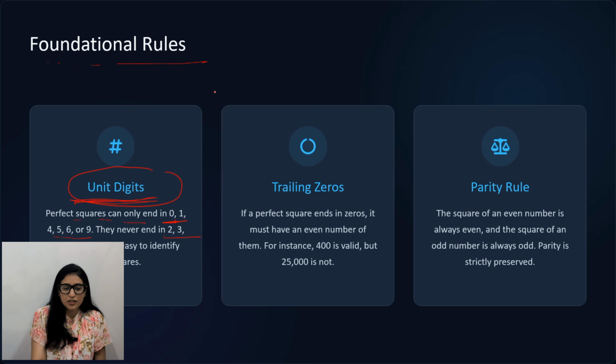If I write any number, 2468, here the unit digit is 8. So we say that this is not a perfect square because a perfect square will never end with 8, 2, 3 or 7. Clear?